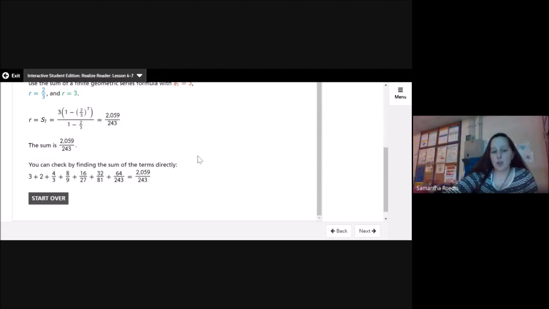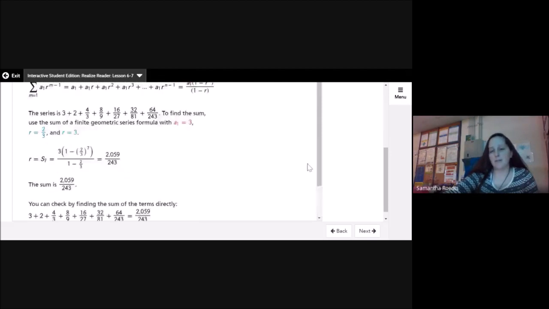I can, of course, double check by finding the sum of the terms directly. 3 plus and so on gives me the same answer.